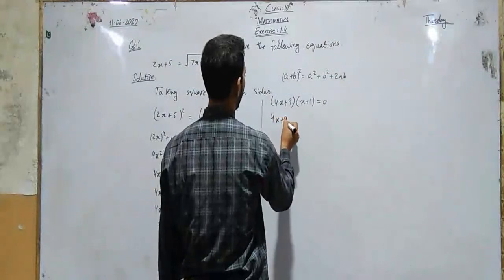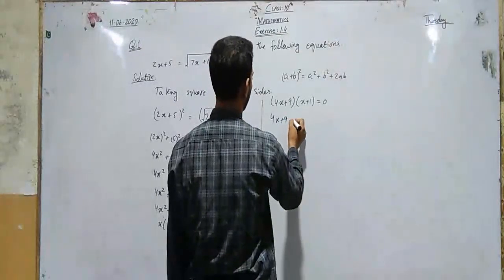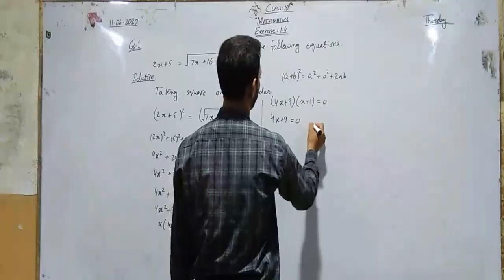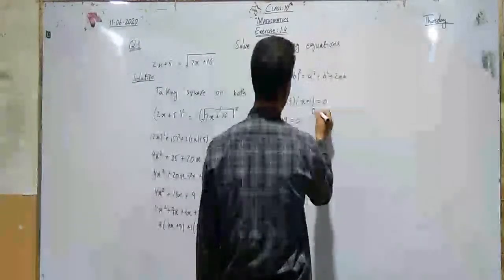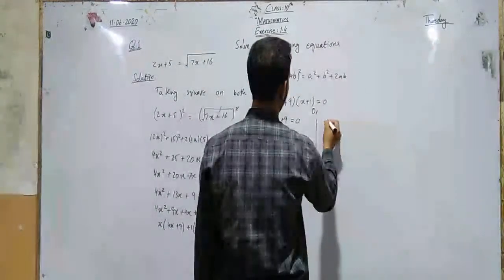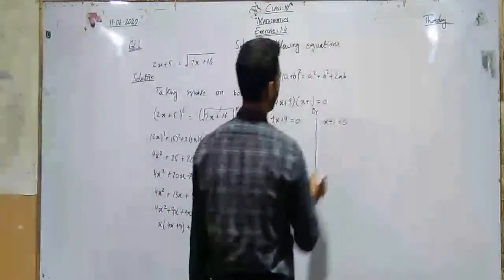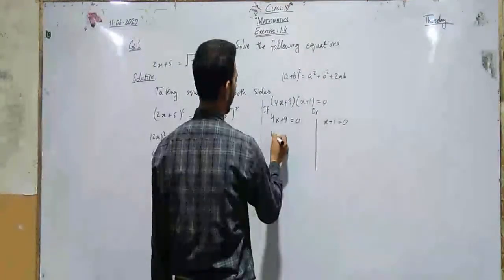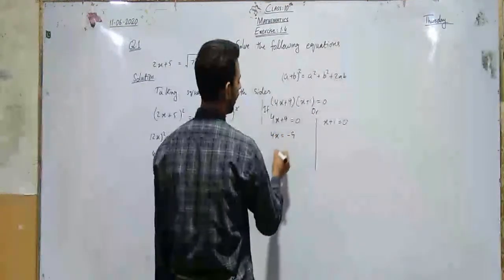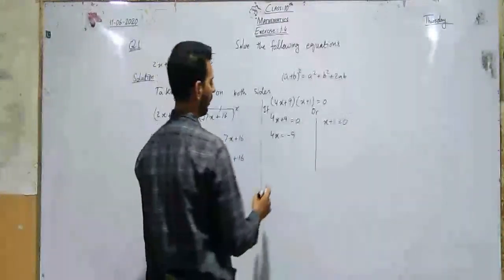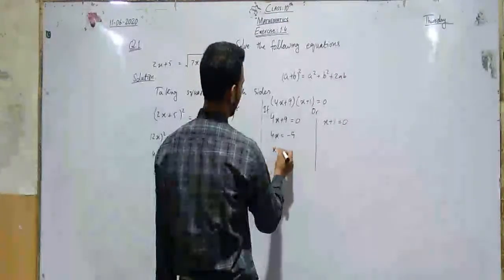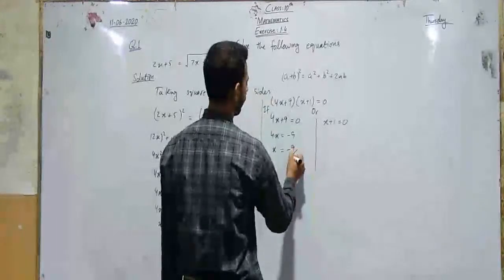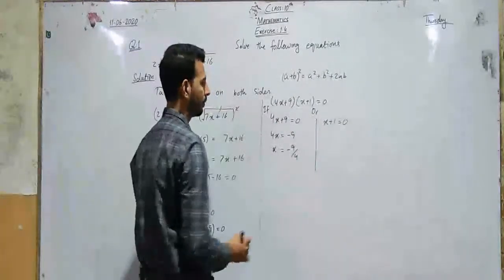4x plus 9 equals 0, or x plus 1 equals 0. Here 4x equals minus 9, 9 will go there and it will become minus, so x is equal to minus 9 over 4.